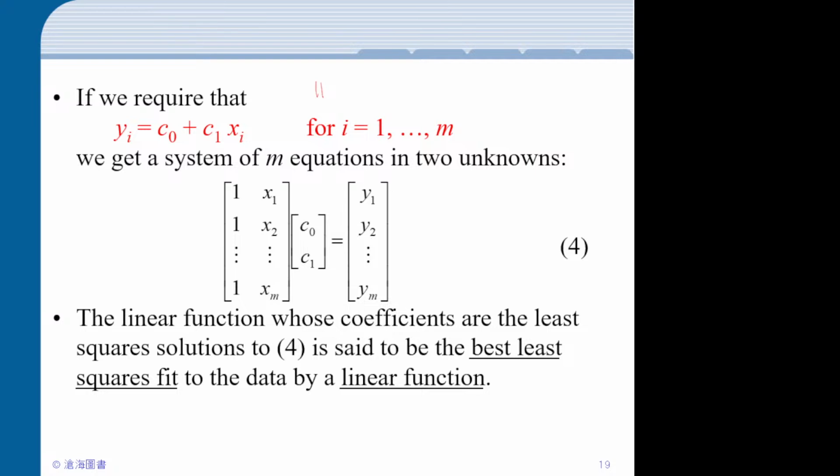So we want to minimize the norm of this R of C vector, squared, and that will be the sum over i of yi minus c0 minus c1 xi, squared. That's why this is least squares: we minimize the sum of squares of the errors.